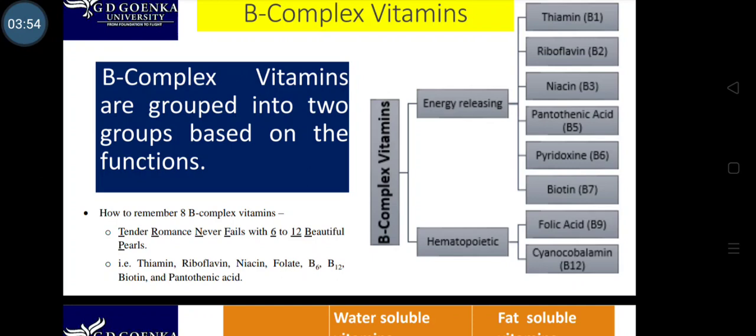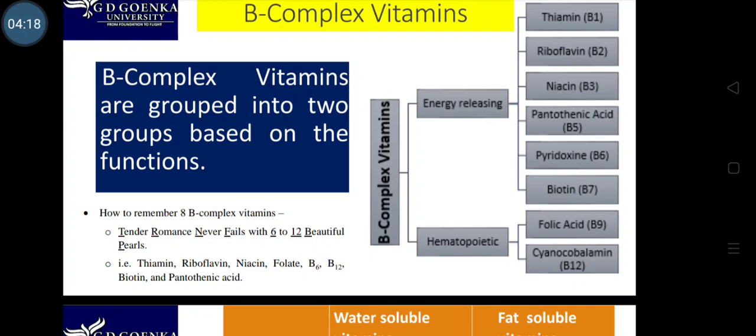So how to remember these 8 B complex vitamins? There is one sentence which is easy and will help in remembering all 8 vitamins. The sentence is: tender romance never fails with 6 to 12 beautiful pearls.